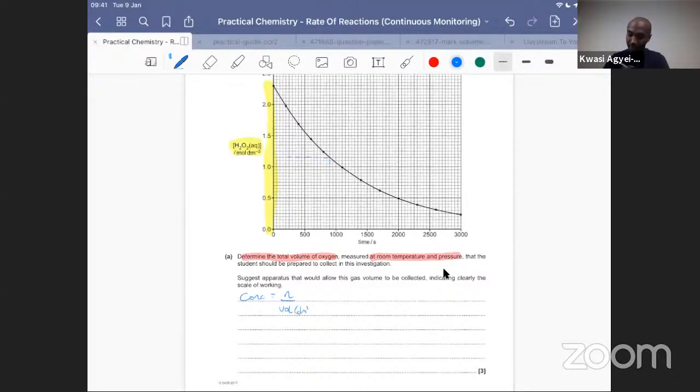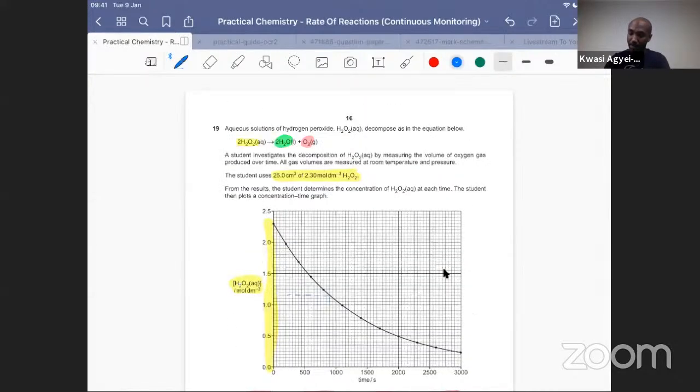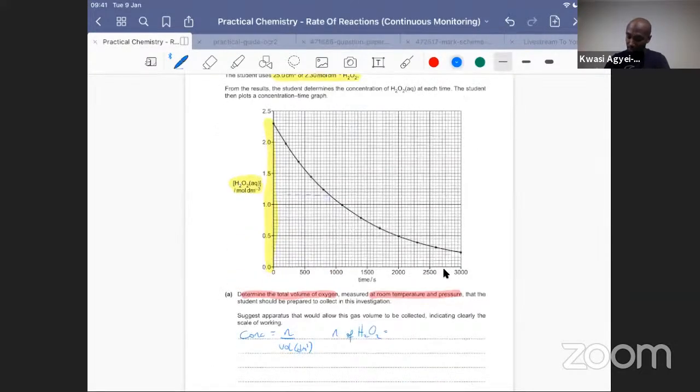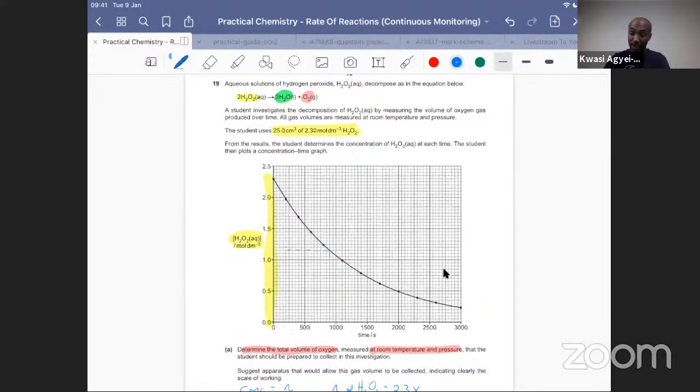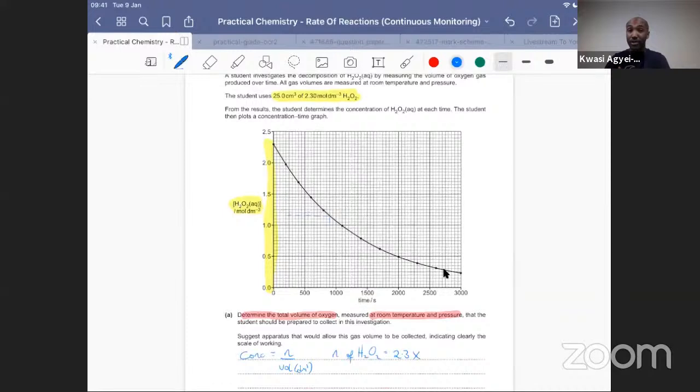Don't forget that. So number of moles of H2O2 is going to be equal to the concentration, which we know to be 2.3 moles per decimeter cubed, times the volume, which is given in centimeters cubed, so 25 centimeters cubed divided by 1,000. So that should be 0.025.